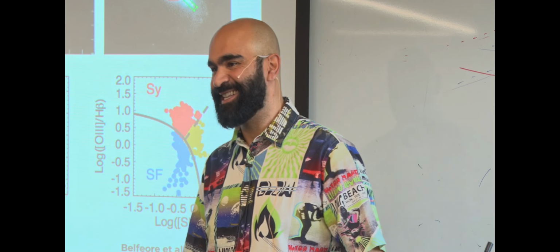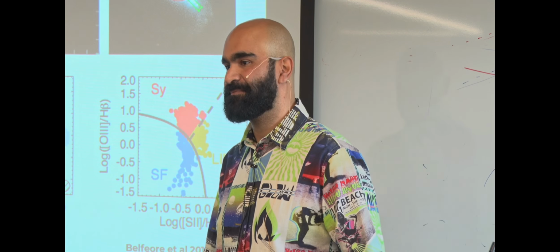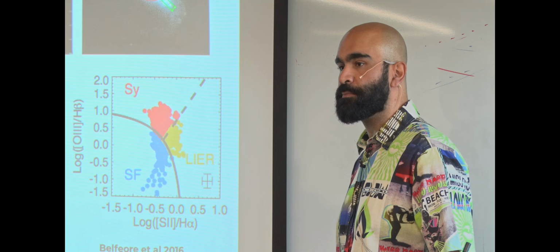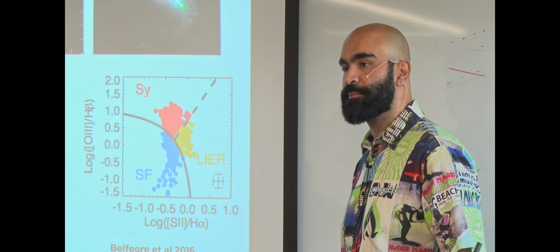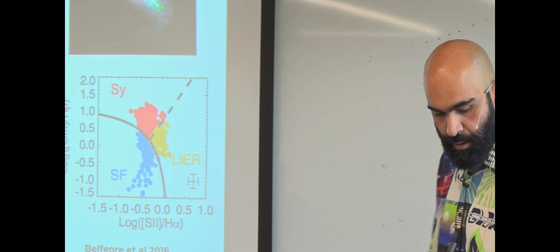Nice question about the BPT diagrams in general, but these are equivalent width ratios, right? So doesn't composition make them anomalous a bit, because these galaxies could have different oxygen abundances or sulfur abundances.